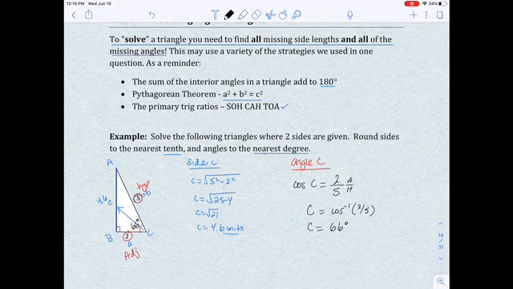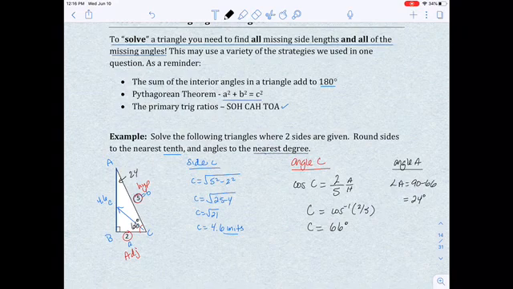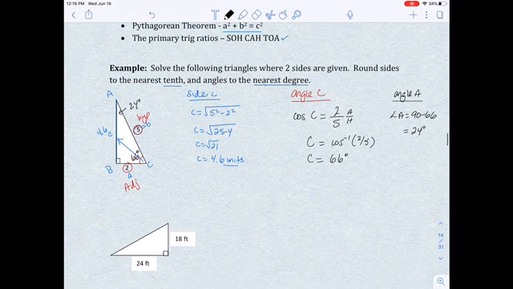And then to find angle A, the easiest way, we could, of course, use another trig ratio, okay? But angle A, we can also just do angle A is 90 minus 66. And 90 minus 66 is, of course, 24 degrees. So now we've solved our entire triangle using a variety of methods.